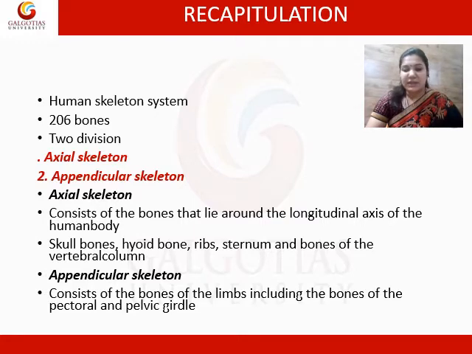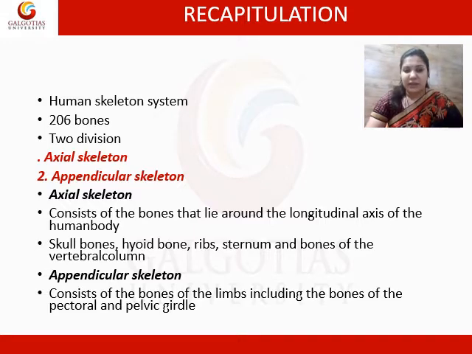We have discussed in our previous class the human skeleton system. We discussed that the human skeleton system is divided into two major groups called the axial skeleton and the appendicular skeleton.